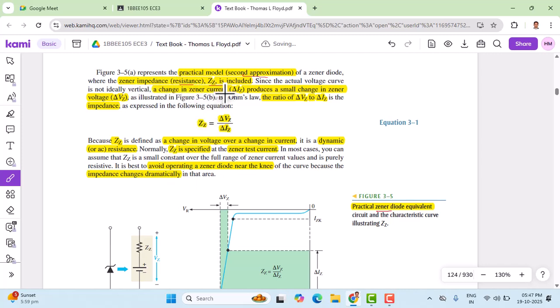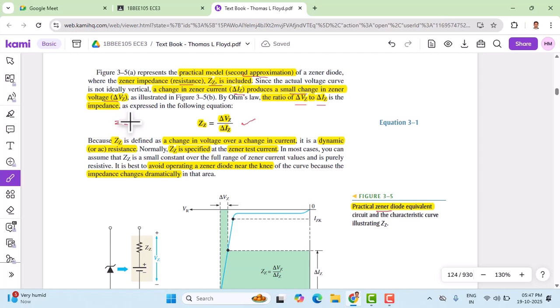As we can see, a change in the Zener current, delta IZ, produces a small change in the Zener voltage, delta VZ. The ratio of delta VZ to delta IZ is called the Zener impedance. So here we have a formula. ZZ is called Zener impedance, so let me write it here.